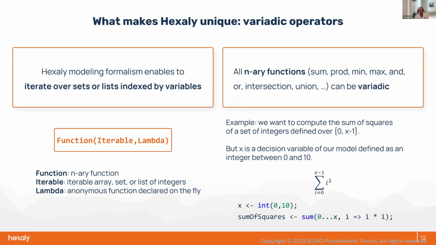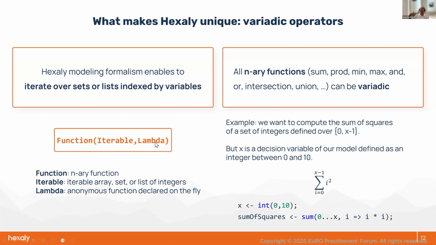And this is really new. So a function can be expressed like this. Function can be here the sum, the product, the mean, the max. So you can make the mean over a collection, whatever the collection you have, a set, a list, or an array.